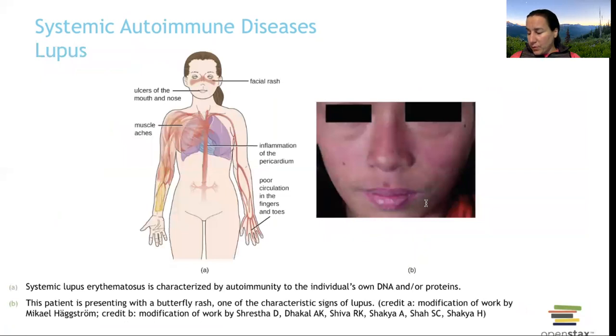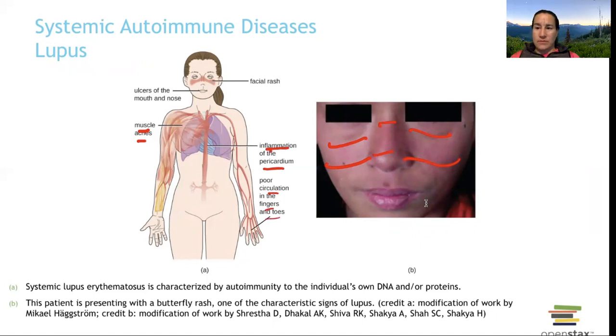Lupus, you can see here is that rash. This rash, the wolf rash, across the face. We said that it could be a whole bunch of things, like lesions. It could be muscle aches. I didn't even list this one, inflammation of the pericardium. I definitely told y'all about poor circulation in fingers and toes.